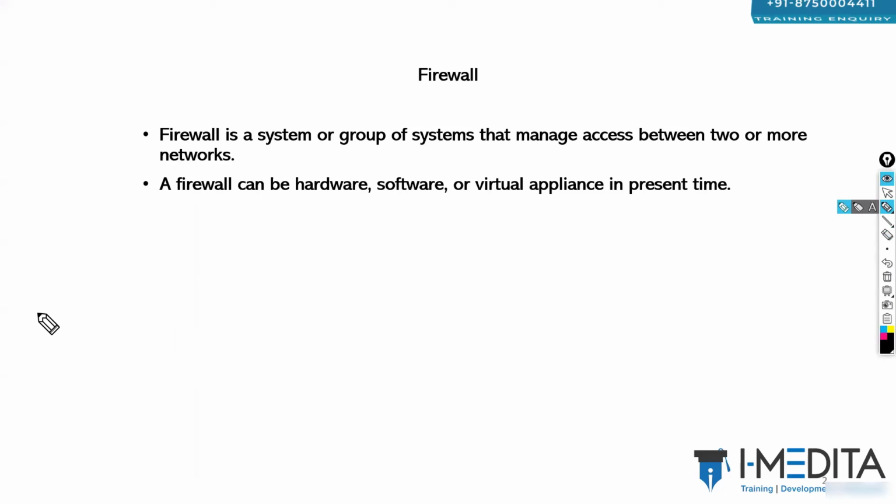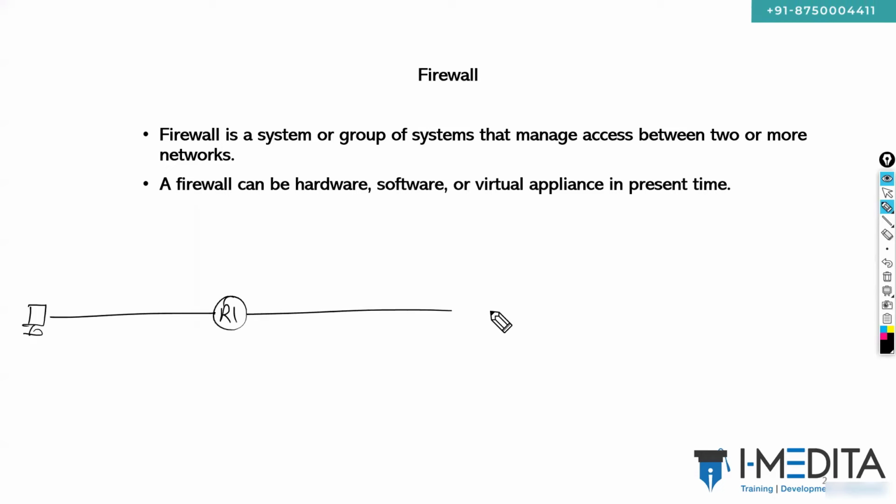Assume we have branch 1. In branch 1, we have a PC connected with a router via a switch, the router connected with another router, then we have a LAN device in this way.